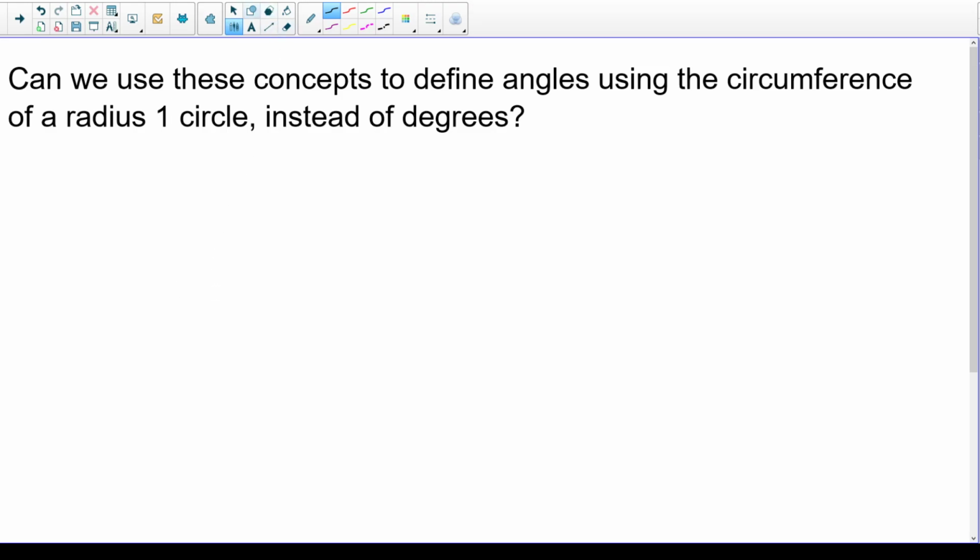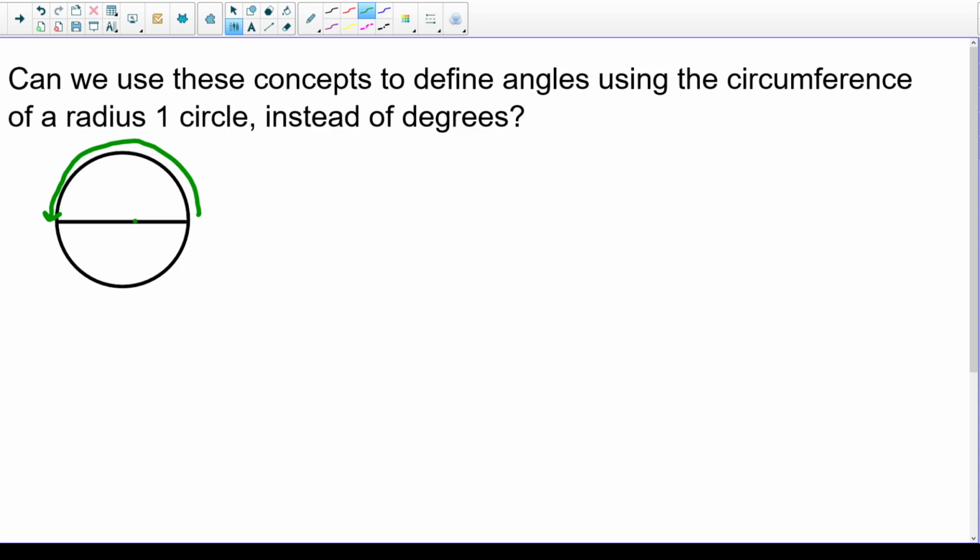So if I started with half of a circle, I want to define this arc length both in angle and in circumference.